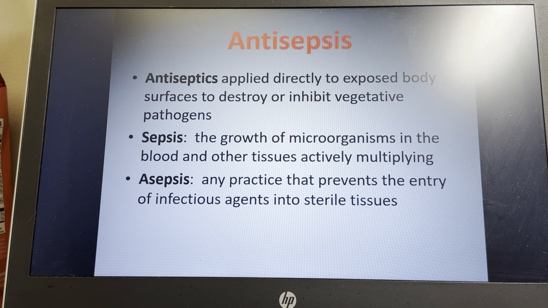And then if you put an A in front of it, it completely changes the meaning. So asepsis is good. Please promise me that you will always follow asepsis during your careers. It's basically any practice that prevents spreading infectious microorganisms into sterile tissues, whether it's your own or a patient's, or bringing it home to your family.